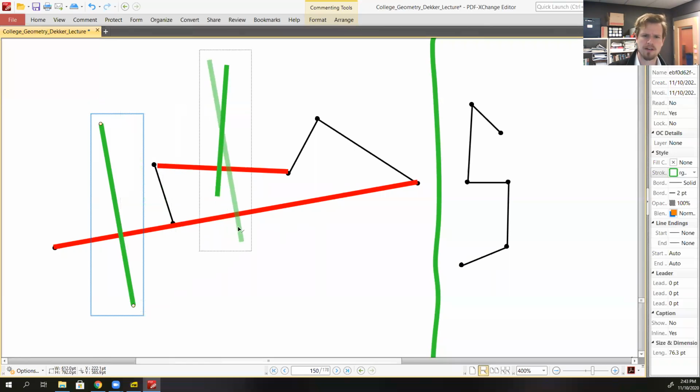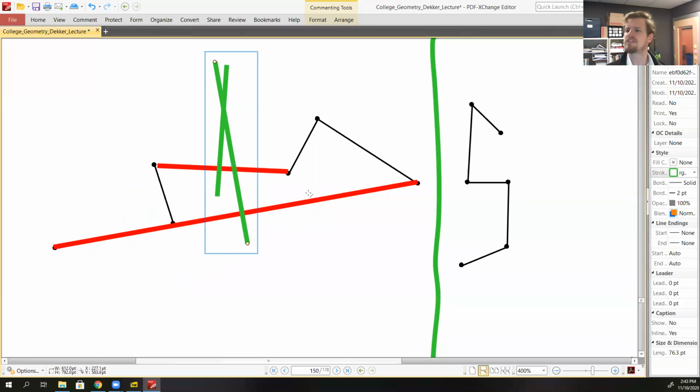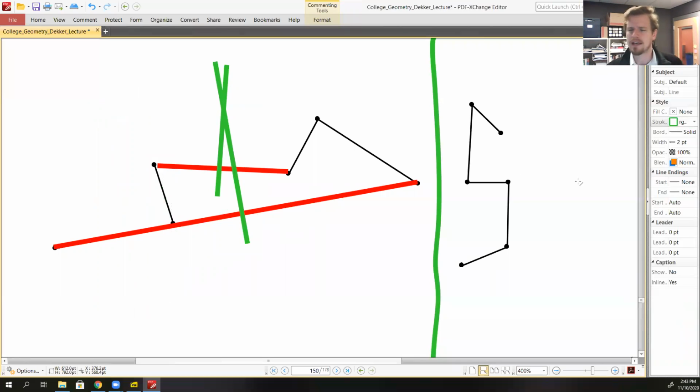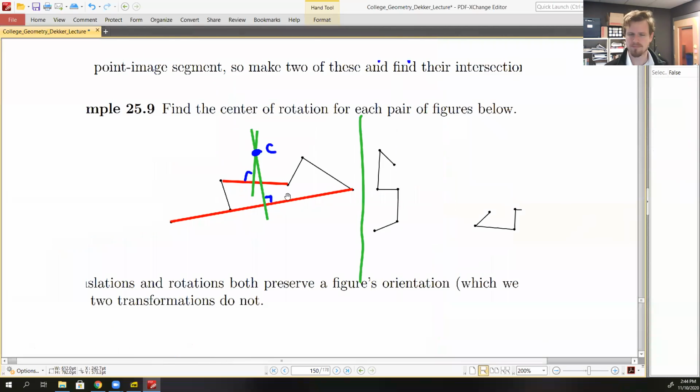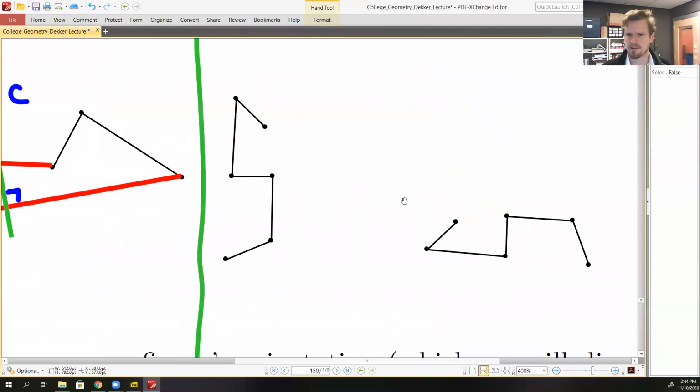And then I'll just go ahead and move this to the center. Well, it's somewhere around there anyway. And then what we want to recognize, again, it is the perpendicular bisector, so we know they're perpendicular. And then the point that we obtain is the center of rotation. Excellent. So we can do the same thing for this example.